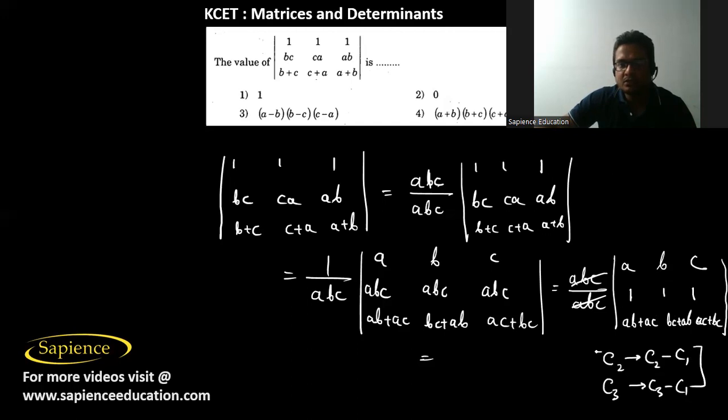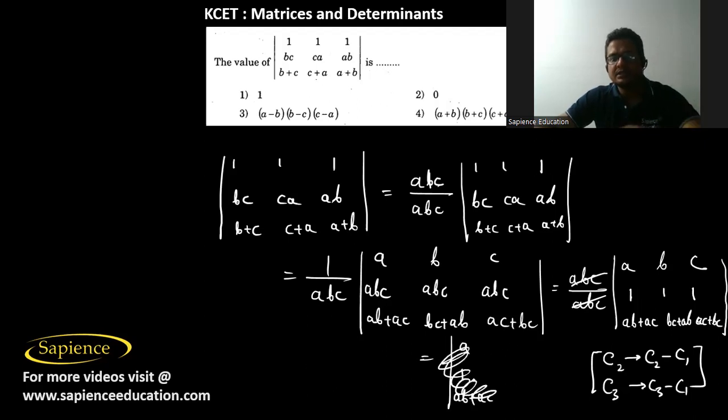If we apply these column operations, then this will be equal to the determinant of A, 1, AB plus AC, then here it will be B.